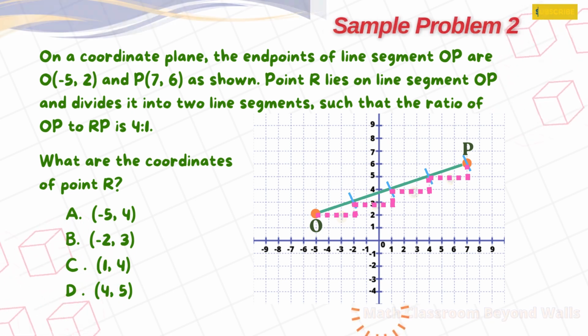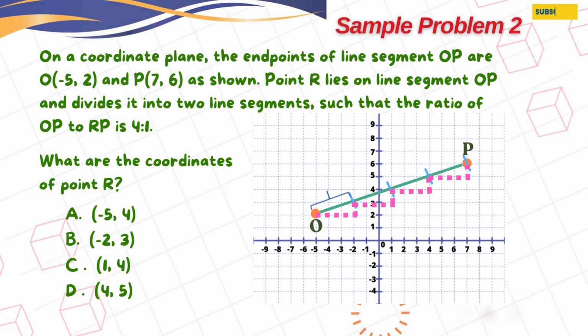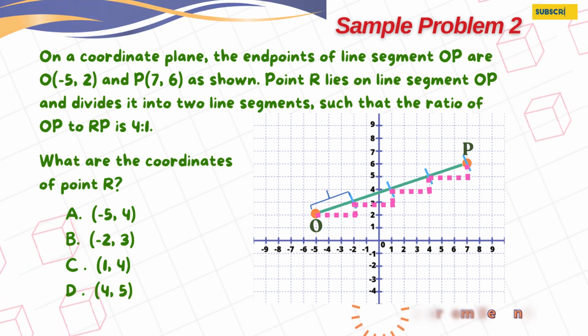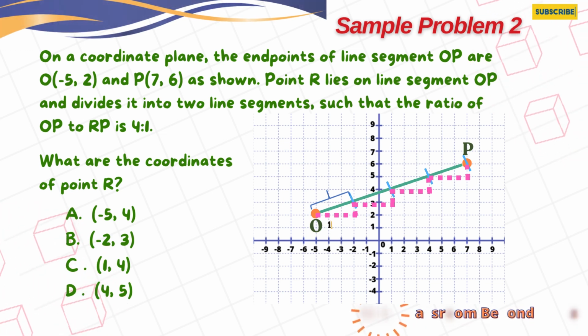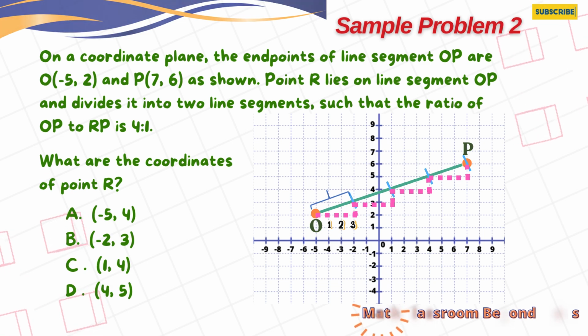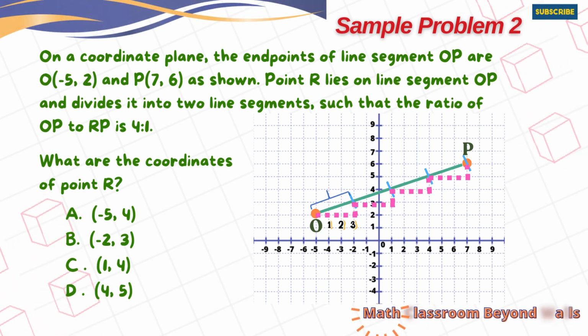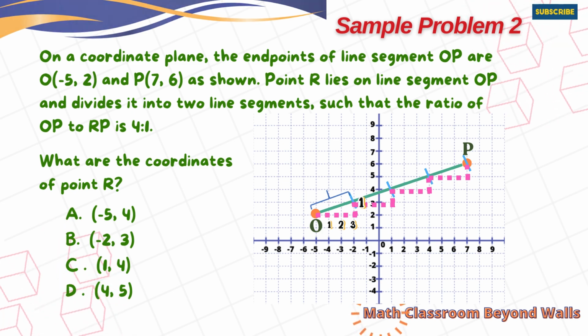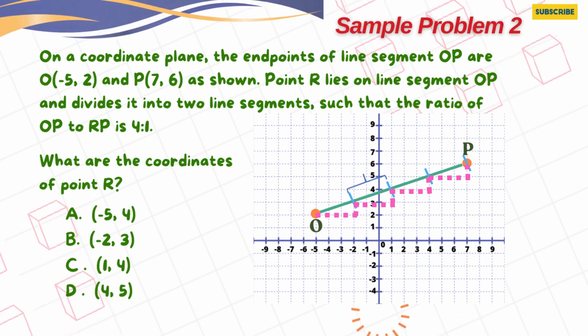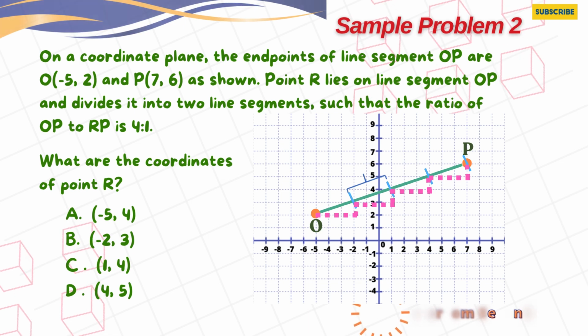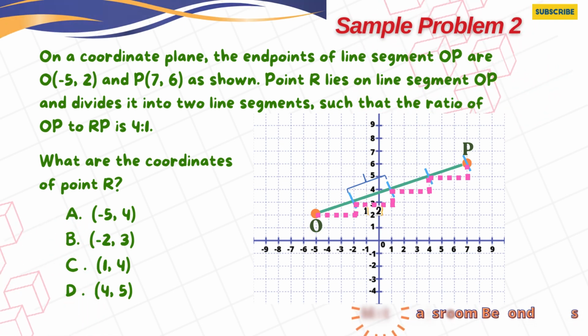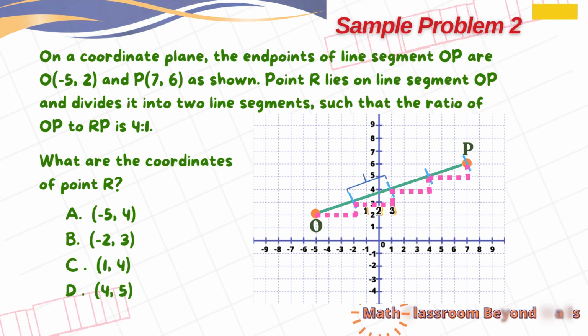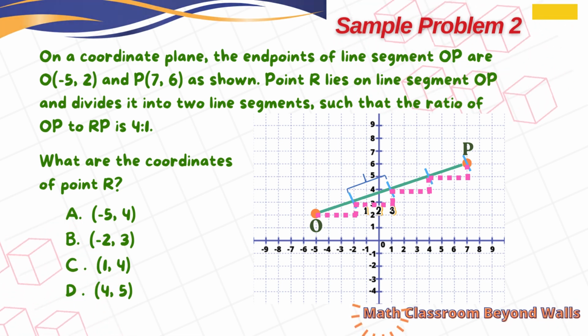Let's go. On the first part, the run is 1, 2, 3. The rise is 1. On the second part, the run is 1, 2, 3. The rise is 1.